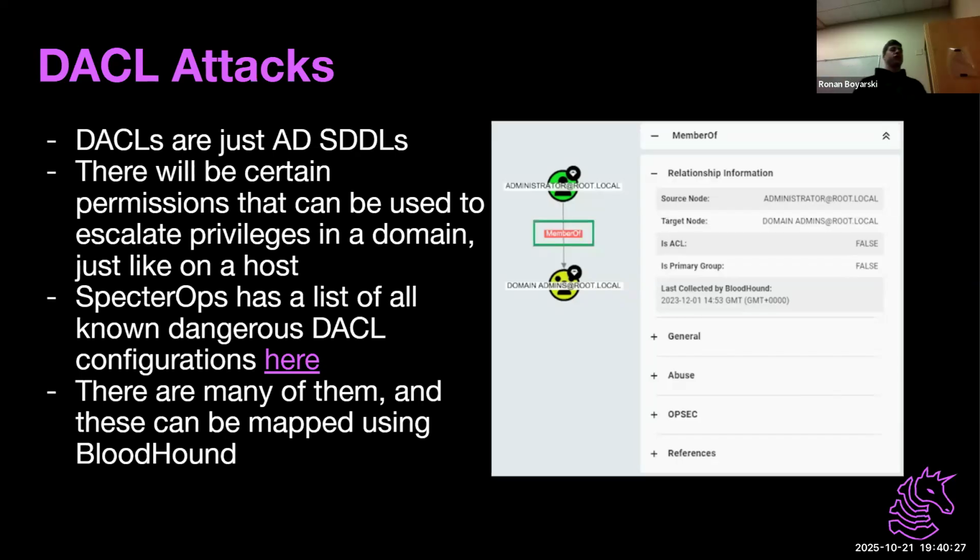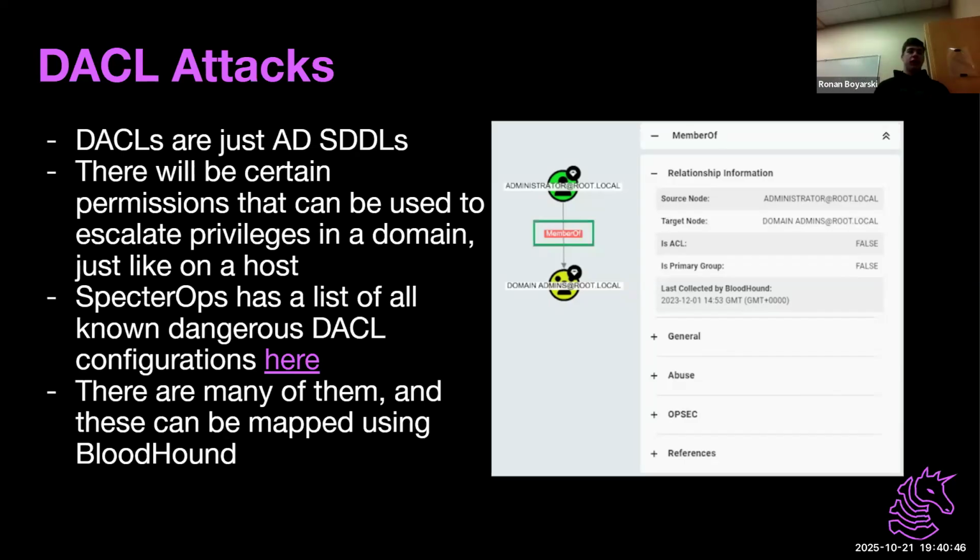The only difference is that these are objects in the domain and not on the computer. So if you are a savvy domain admin, you say, I don't want everyone to have all of the privileges. I'll follow the principle of least privilege and create these specific edges for these one-off permissions and assign them to groups.